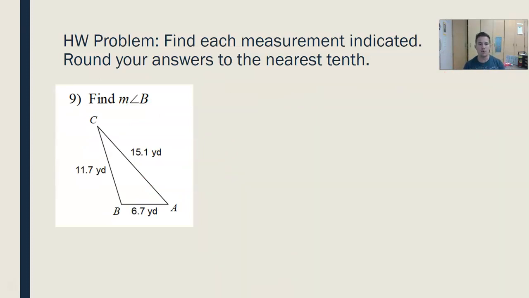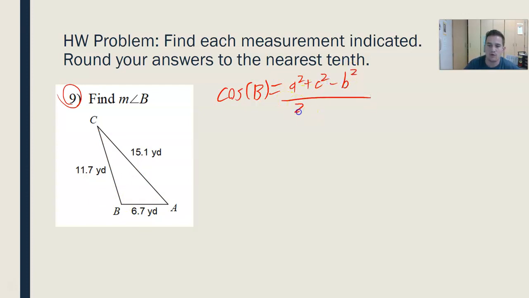Okay, let's do one more of these types of homework problems with finding the angles. So again, if I'm trying to find the measure of angle B, and I know all three of the sides here, cosine of angle B is going to be a squared plus c squared minus b squared all over 2 times a times c. Now I need to double check myself.